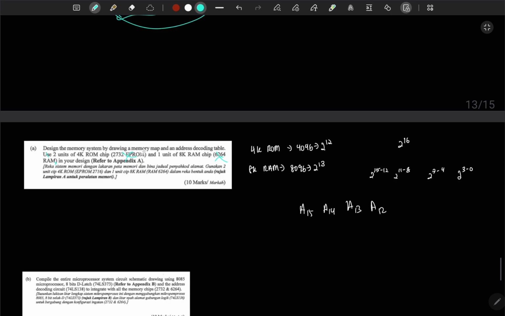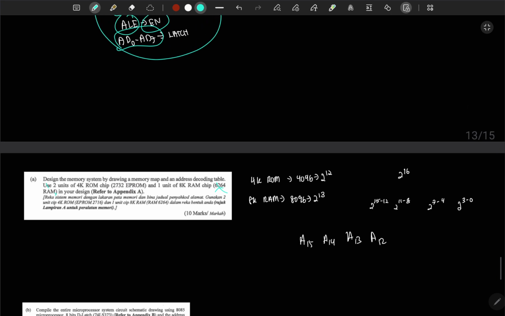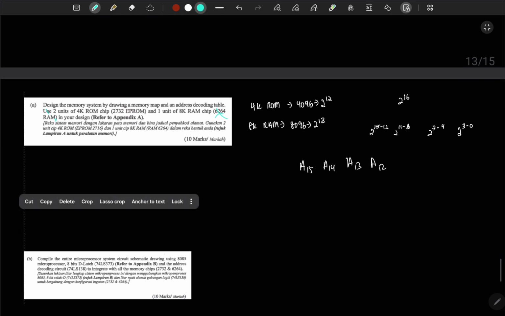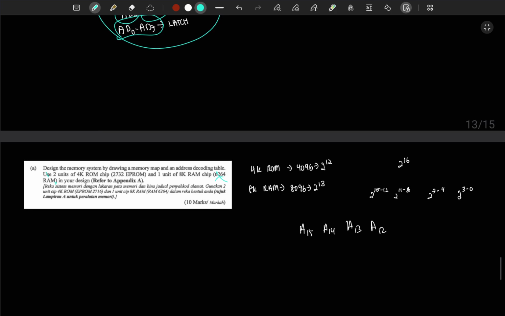Just refer to that table. They are asking us to build a memory map. Before we begin, we need to know that 4K ROM is equivalent to 4096, which is 2 power of 12. 8K RAM is equivalent to 8192 and 2 power of 13.